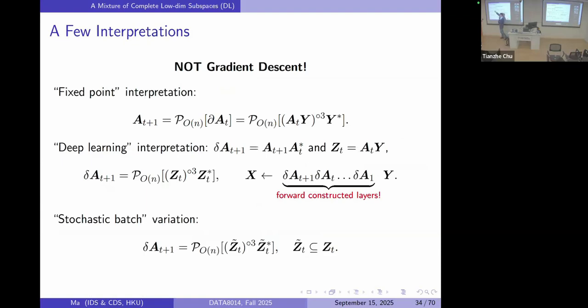When this iteration stops updating, when A_t and A_{t+1} are the same, right? When A_{t+1} equals this, it no longer updates. So what is this? This is a fixed point algorithm: it converges to a fixed point. We'll get back to this in a second.